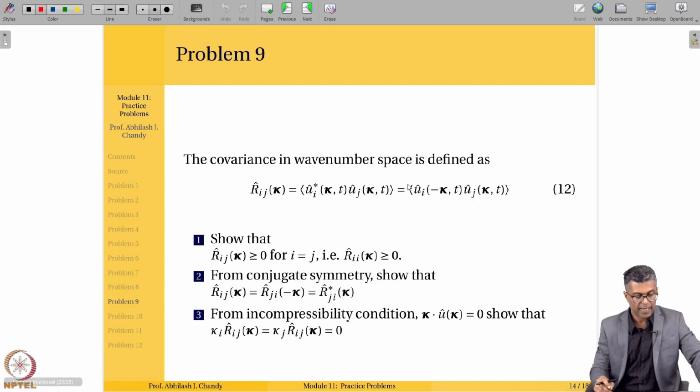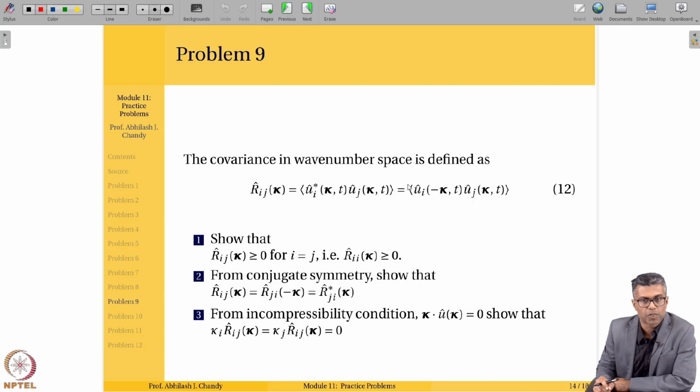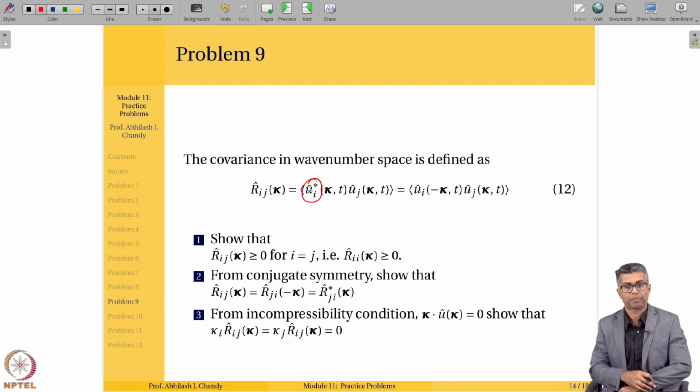Let's try the next problem. The covariance in wave number space is defined as Rij of kappa is the covariance of Ui hat star of kappa and Uj hat of kappa, which is basically Ui hat of minus kappa, because this right here is the conjugate, and so that is Ui hat of minus kappa times Uj hat of kappa.